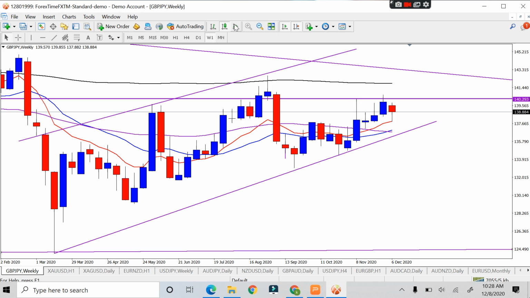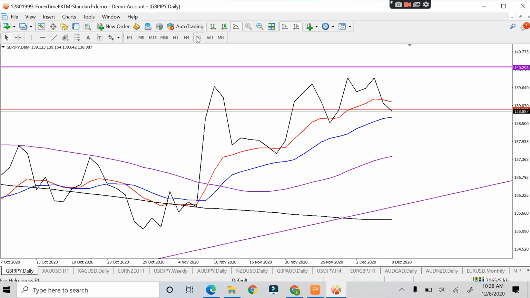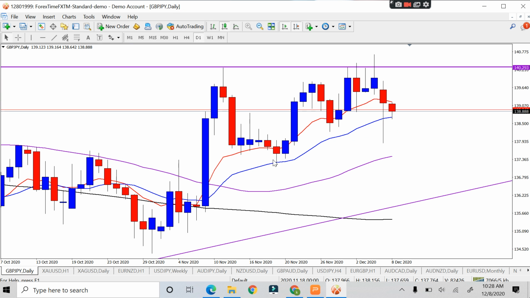If I get to my line chart, you can see it looks like a pullback, a retracement for the continuation of the uptrend. So going to daily, let me have my charts there. You can see that the pair is at what we call an area of value, that is between the 10 and 20 MA.